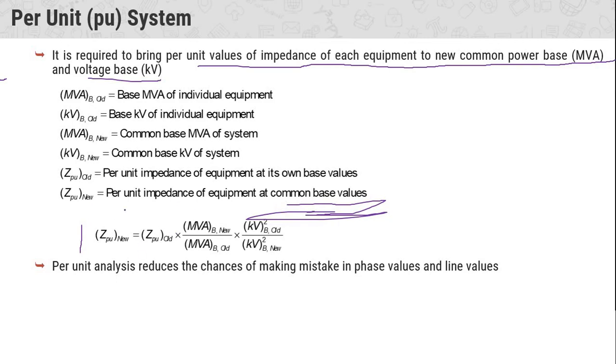This equation reduces mistakes in the calculation. So please always remember: ZPU new is equal to ZPU old into MVA new upon MVA old into kV square old upon kV square new.